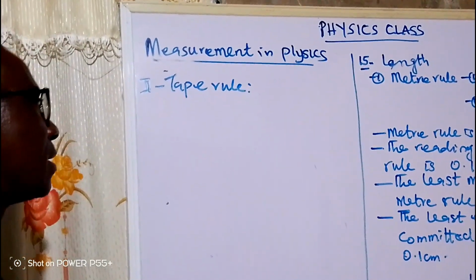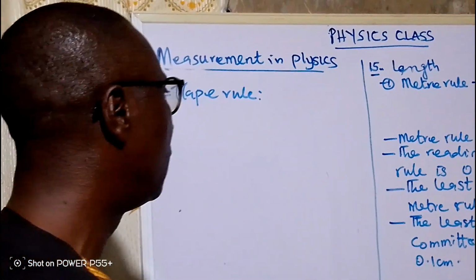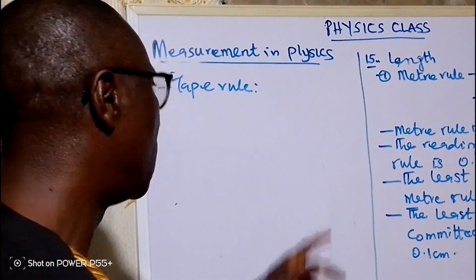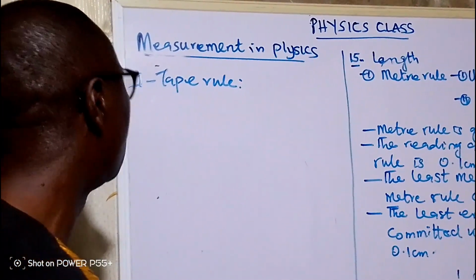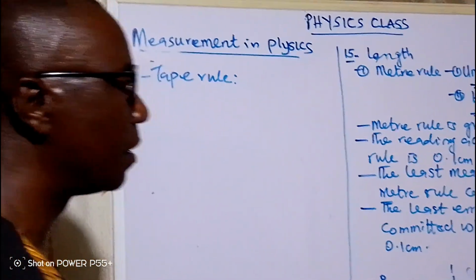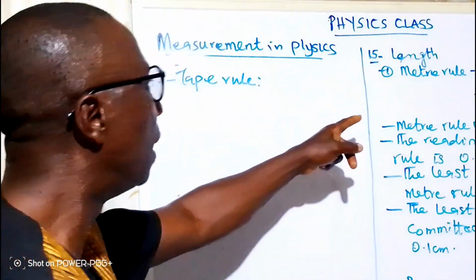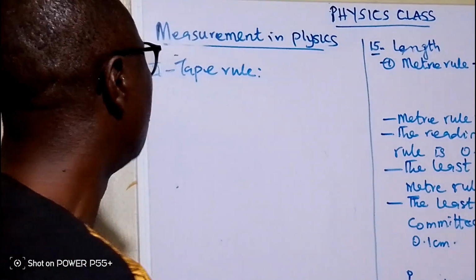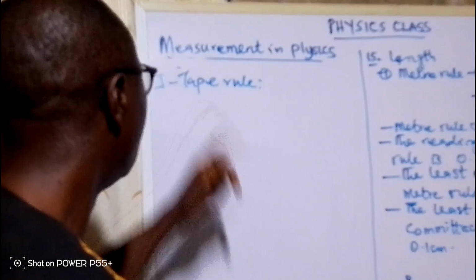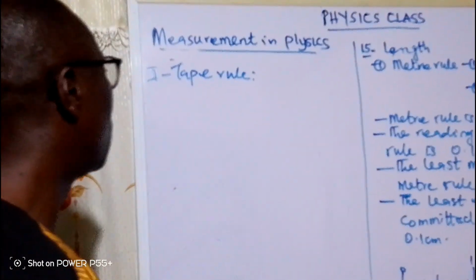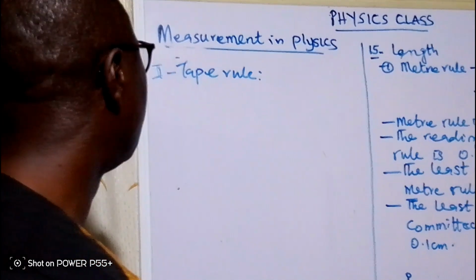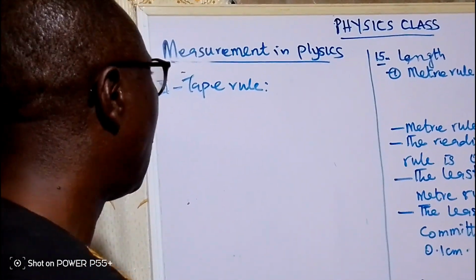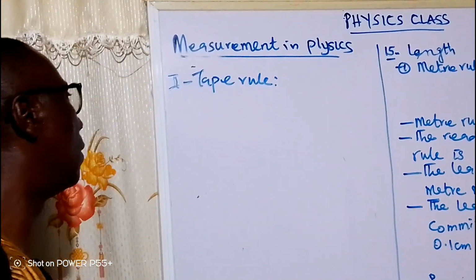Another example is length of a playing field. Meter rule cannot be used to measure that also, so we use tape rule. Any length or distance meter rule cannot measure, we use tape rule. And tape rule is graduated in meter and centimeter because of the long distance.